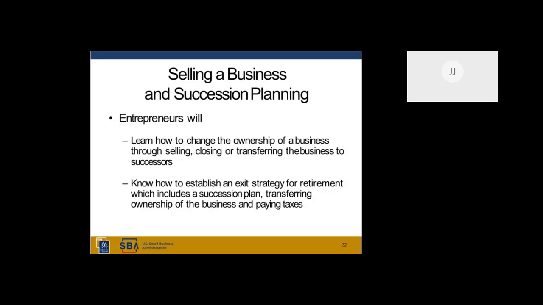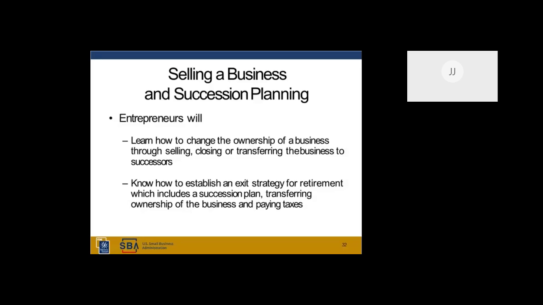At the end of the module, entrepreneurs will learn how to change the ownership of their business, whether it's through selling the business, closing it, or passing it to a successor. Participants will also learn how to establish an exit strategy. If it's related to retirement, that would include some sort of succession plan, transferring ownership, paying taxes, anything that might be related to retirement if their business is at that stage of the life cycle.